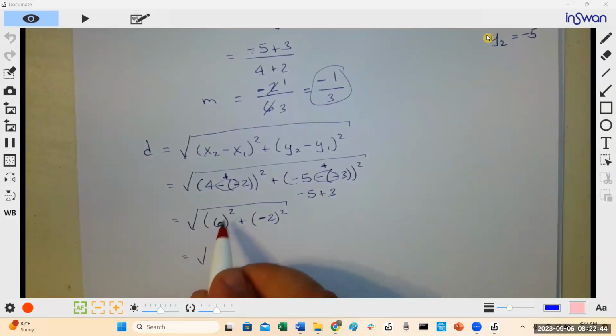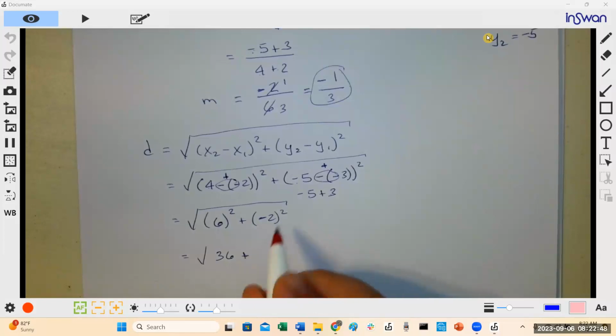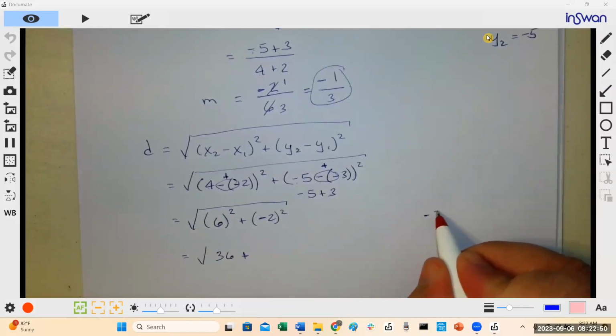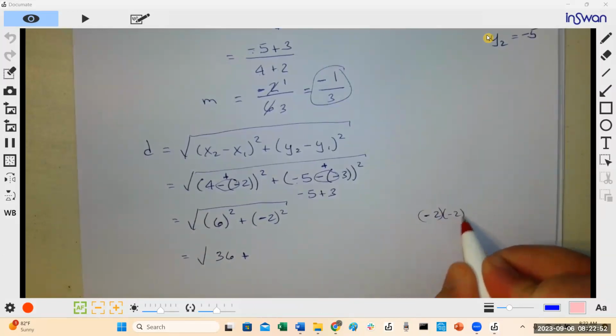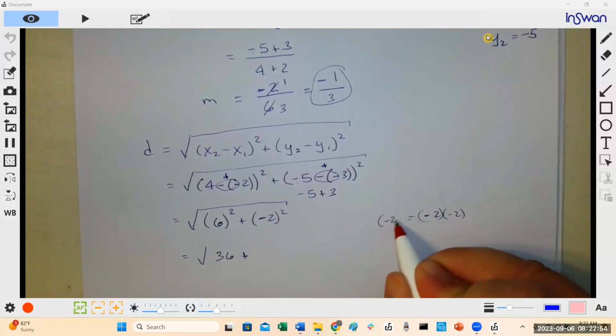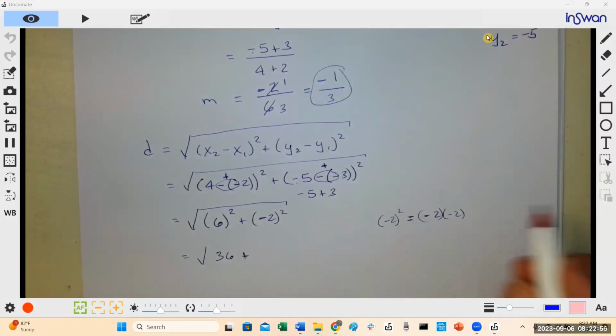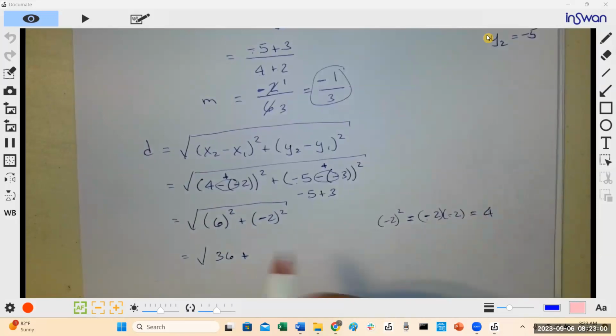Six squared, 6 times 6 is 36. -2 times -2, this is what that means. Negative times negative is a positive. 2 times 2 is 4, so it's +4. 36 plus 4 is 40.